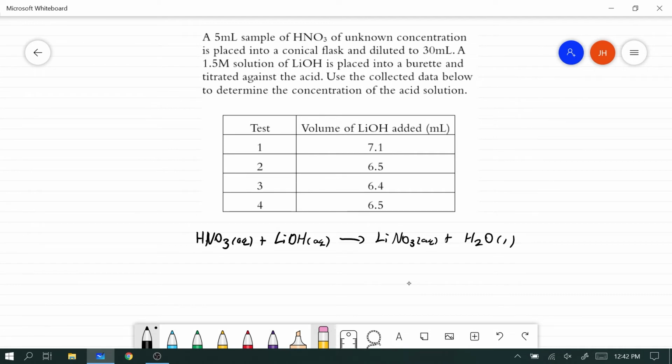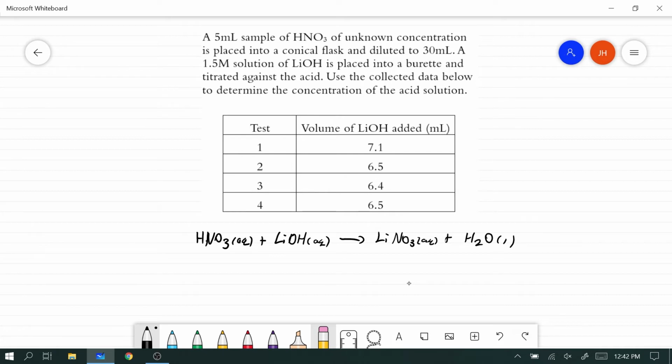What we should see is that these guys react in a 1-to-1 ratio. We have a monoatomic nitric acid and lithium hydroxide only has 1 hydroxide present. So 1-to-1 ratio, making the math in a couple of steps possibly a little bit easier.